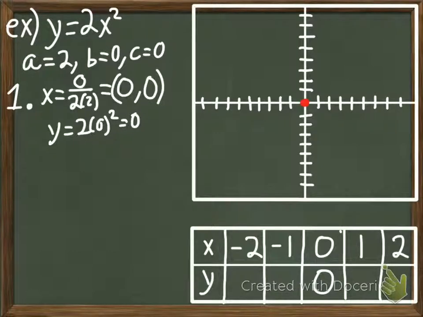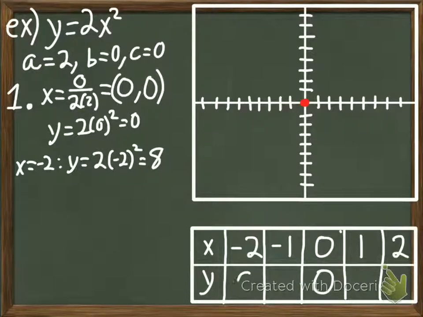So let's say that x equals -2, so y equals 2 times -2 squared, which gives us a positive 8. So it's going to be at (-2, 8). X equals -1, so y equals 2 times -1 squared.